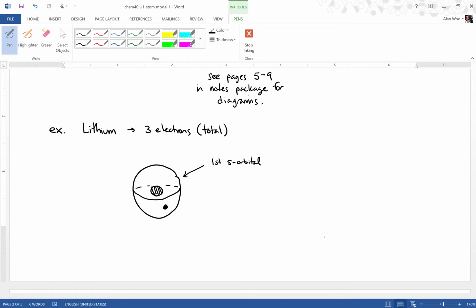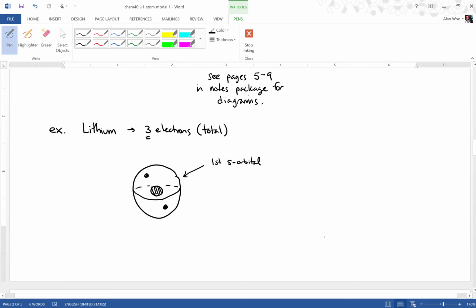And that electron is found in the first s orbital. If I add a second electron in here, I've now drawn out helium, which is the next atom. Now that's 2 electrons.